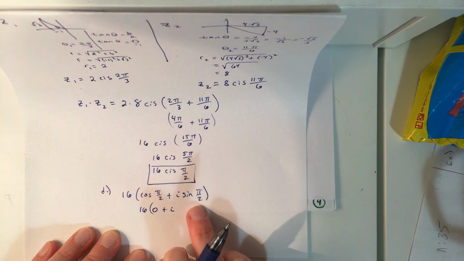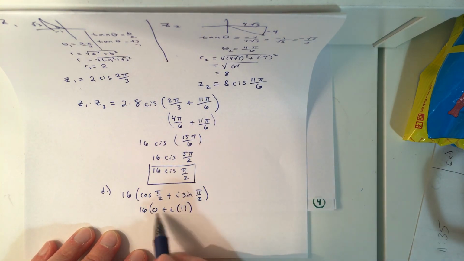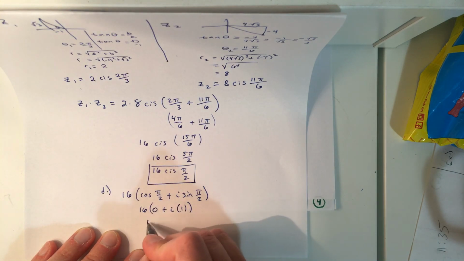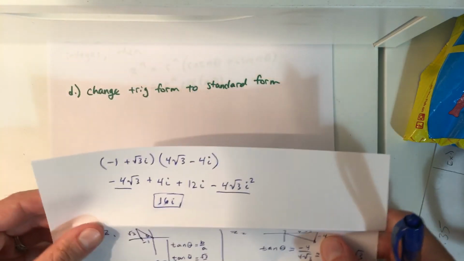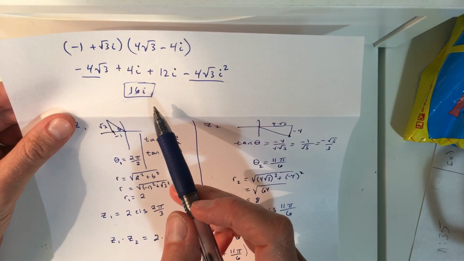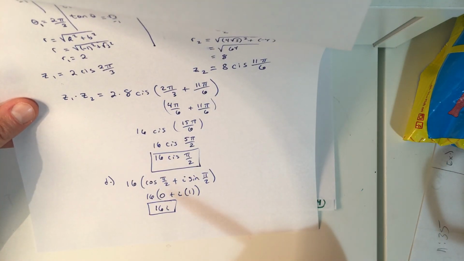And the value of sine, the y value of pi over 2 is 1. So 0 plus I times 1 is I, 16 times I is 16I. So we can see that our answers from way back here in part A and the answer to part D are exactly the same.